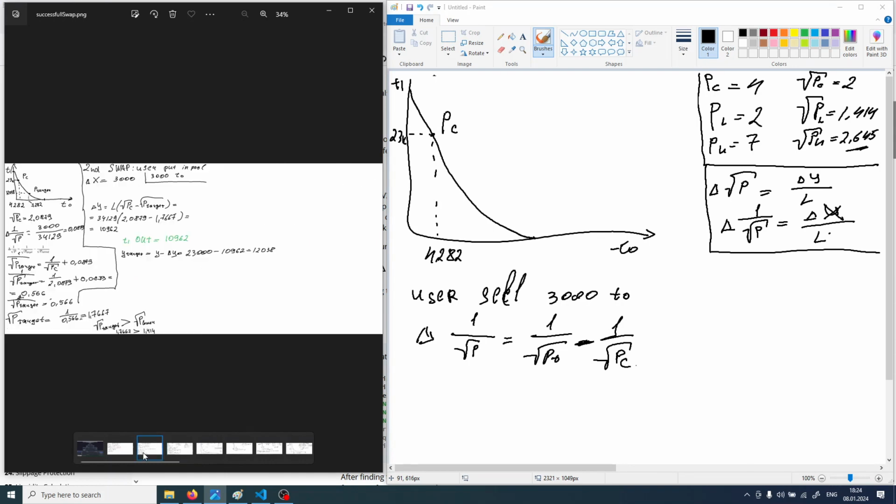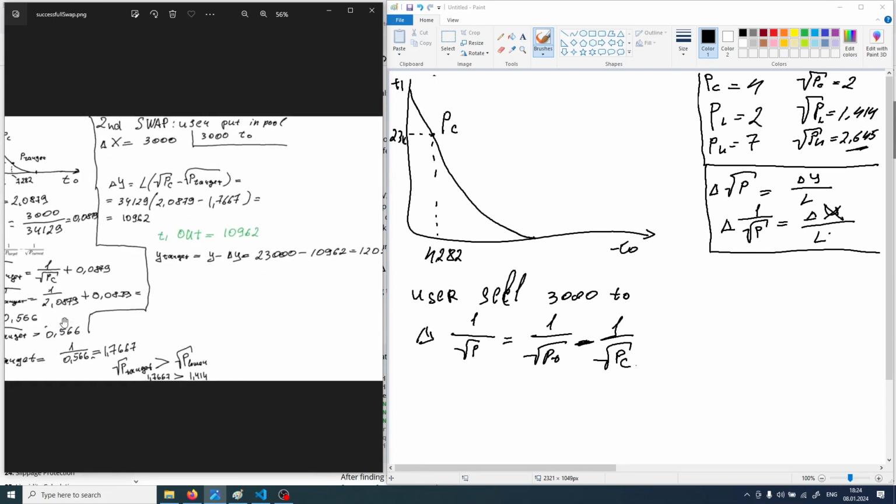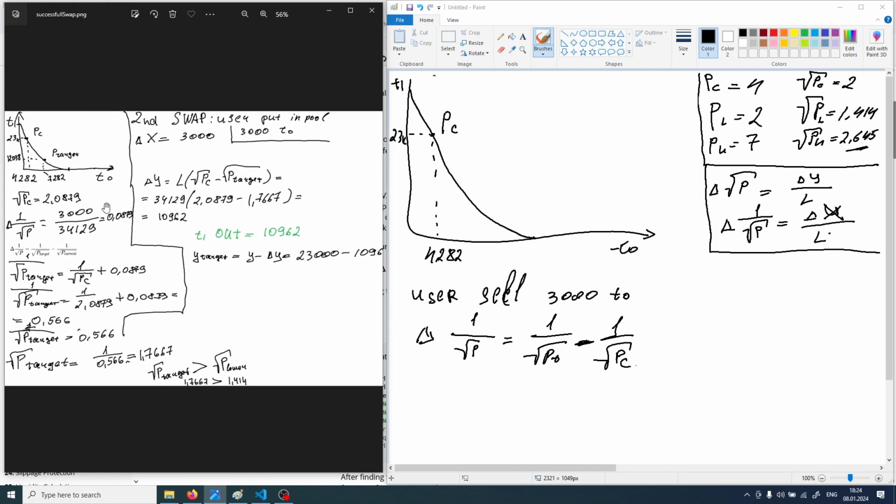First of all, we need P target, and we can do this because we know delta x. In our case, in the second swap, delta x will also be equal to 3000, and the square root of P target will be equal to 1.7667.